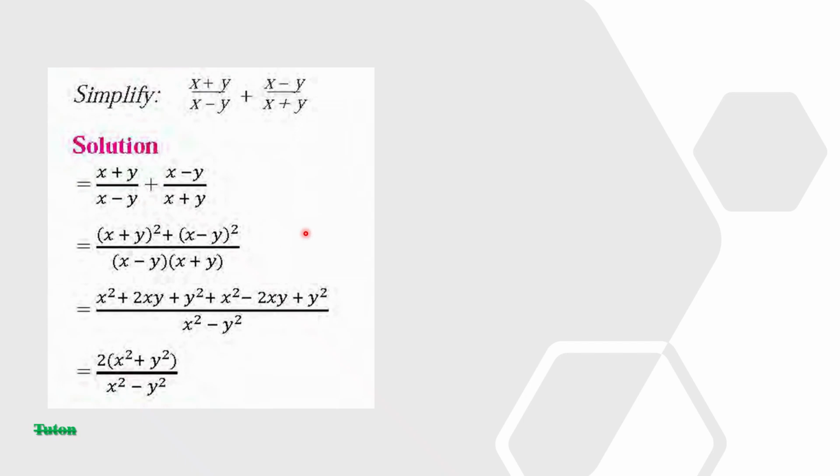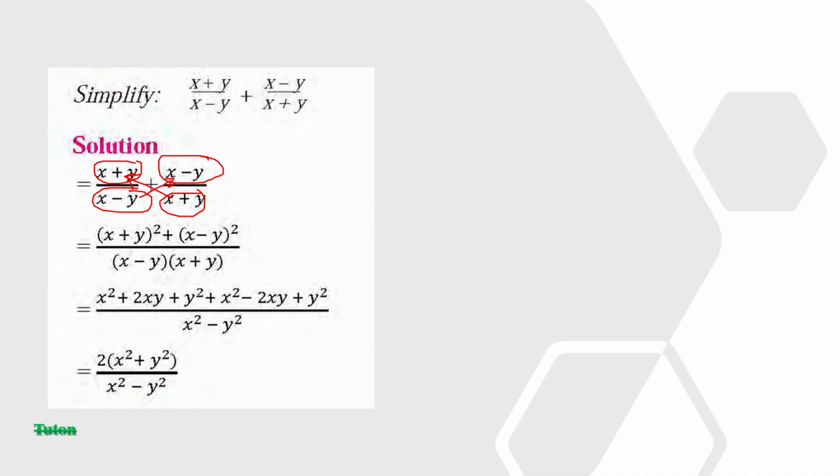In the denominator it would be x minus y multiplied by x plus y. Now this part will go here for multiplication with this part, and this part will go in here for multiplication. It's like a crisscross when we deal with such problems.